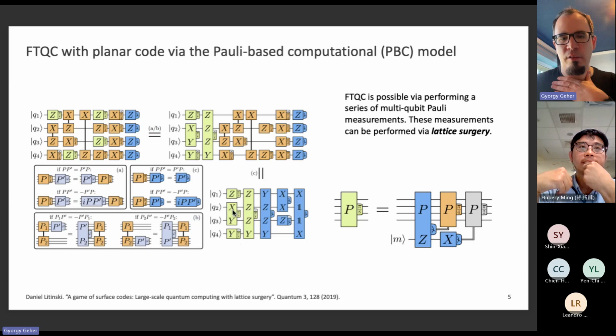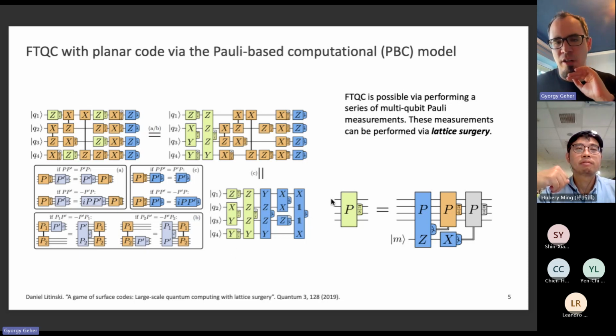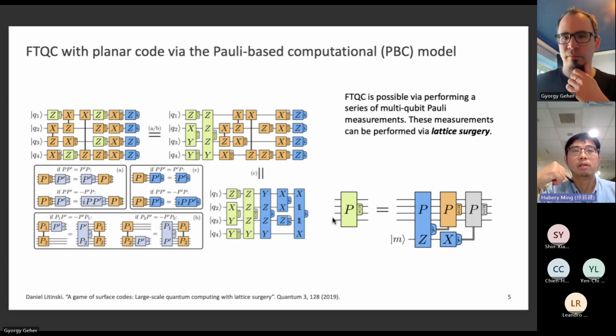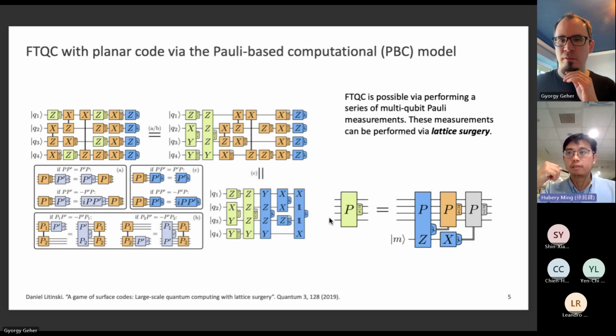So once you have this circuit with green and blue boxes, that pretty much fixes the order in a sense that you cannot execute this before this one, but here you can choose, and that would then of course change the rest of the measurements. But I would say once you have this picture here, you just go one by one and do them. Okay, so just want to make sure, this is all for a single run for the certain type of merging, right? Correct. Yes. Okay, I see. Okay, thank you very much.